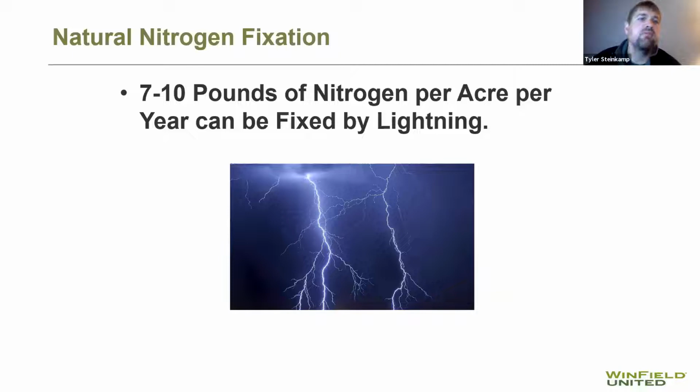Okay, we get about 7 to 10 pounds, and it's because lightning in the atmosphere will heat up the air enough to actually fix nitrogen. So it's much the same as the way that we make nitrogen fertilizer through heat and pressure. That's the exact same way that nitrogen is fixed through lightning as well.